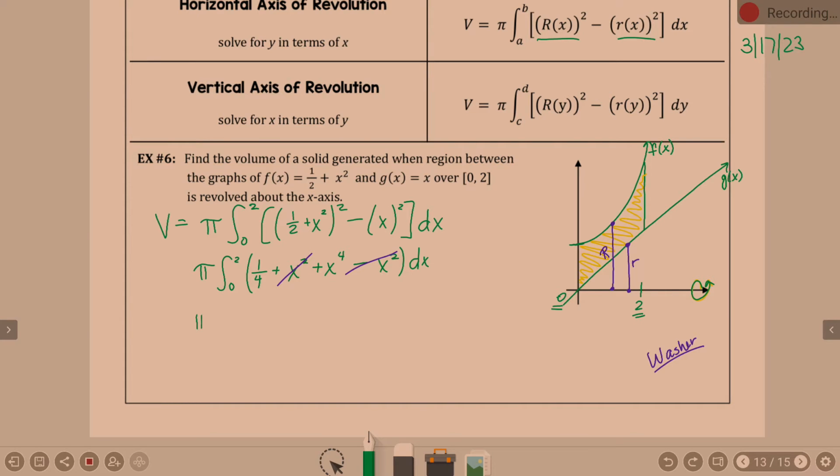So it's going to be pi. And I'm just going to go ahead and integrate. Integral of 1/4 is 1/4 x plus the integral of x to the 4th, 1/5 x to the 5th, evaluated from 0 to 2. Don't lose track of your pi.